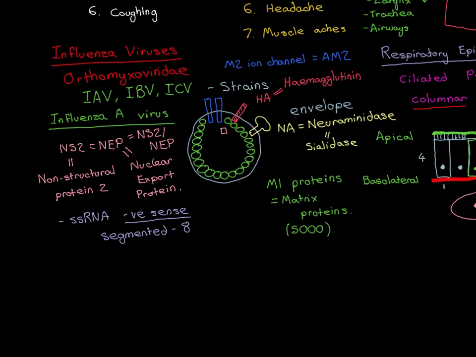So, these pieces of RNA are negative sense. That actually is a problem for the influenza virus. That is not good. It makes its life much more difficult, because if this is going to come into a human cell and wants to produce its proteins, it needs to somehow make from its pieces of RNA complementary RNA, and then it can use those as messenger RNA to be translated into proteins.